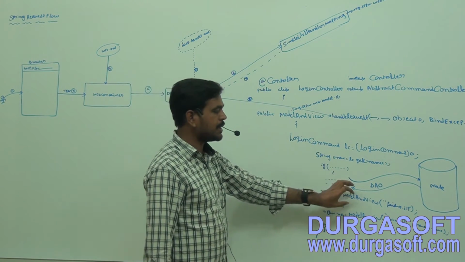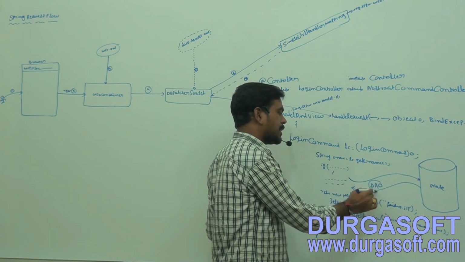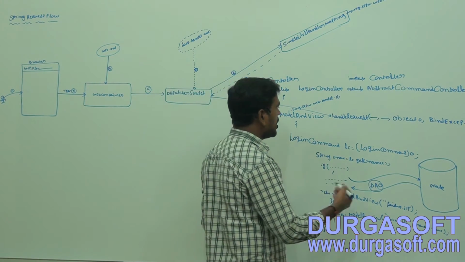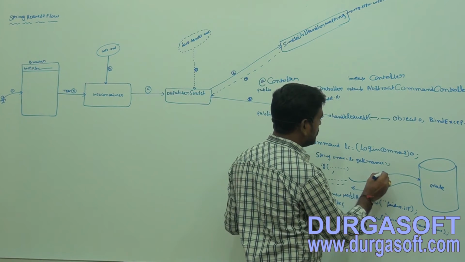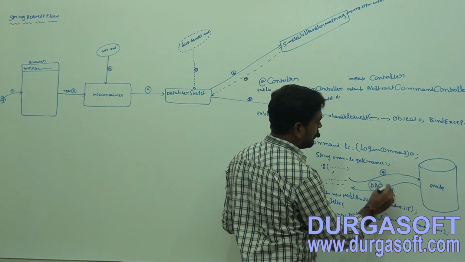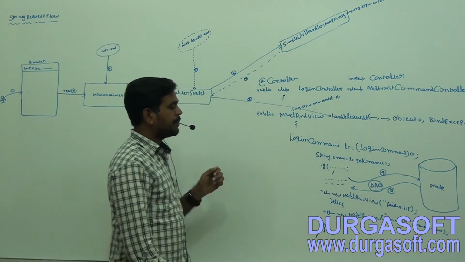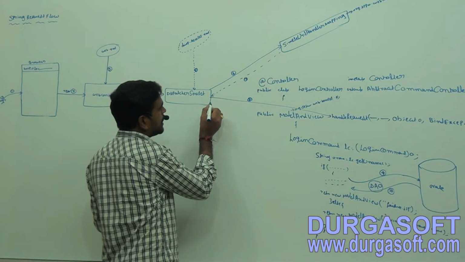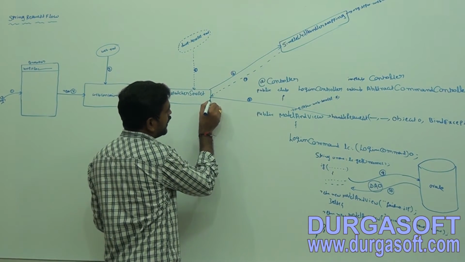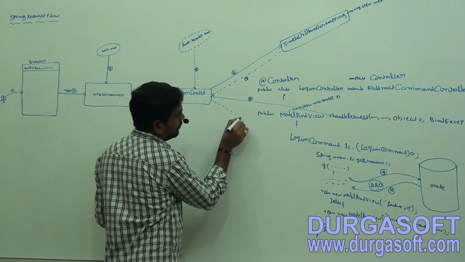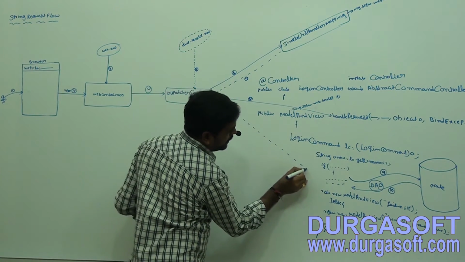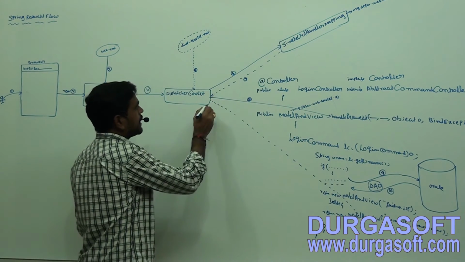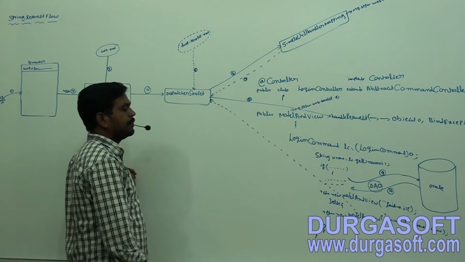If it is big logics, we can develop the DAO classes, data access classes, and it is going to be communicating to the database, and it gives some result. Then finally this model and view is going to be producing some output back to the controller, either success or failure. Either success or failure message is coming.